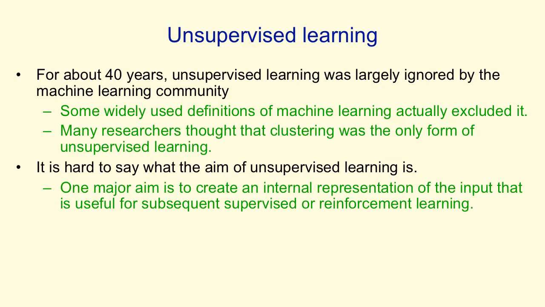One major aim is to create an internal representation of the input that is useful for subsequent supervised or reinforcement learning. And the reason we might want to do that in two stages is we don't want to use, for example, the payoffs from reinforcement learning in order to set the parameters for our visual system.